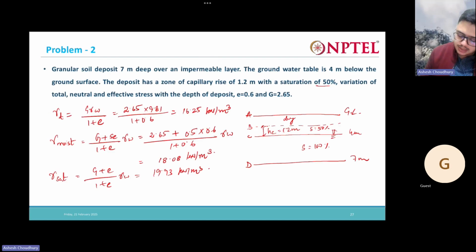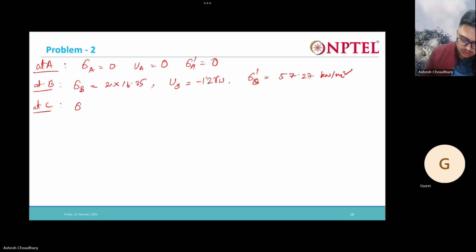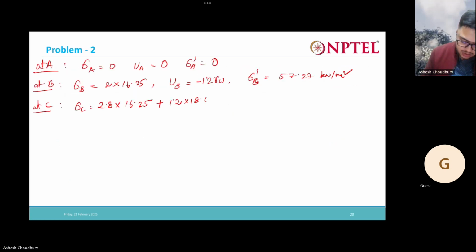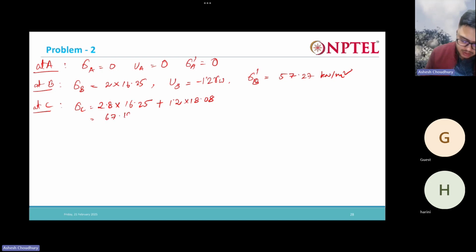Let's see, where is C? C is here. So at C, we have 4 minus 1.2, 2.8 times 16.25 plus 1.2 times the moist unit weight, 18.08. That is 67.6.